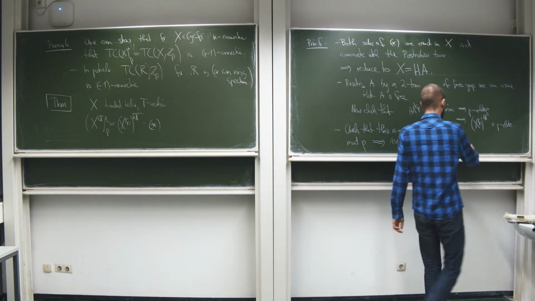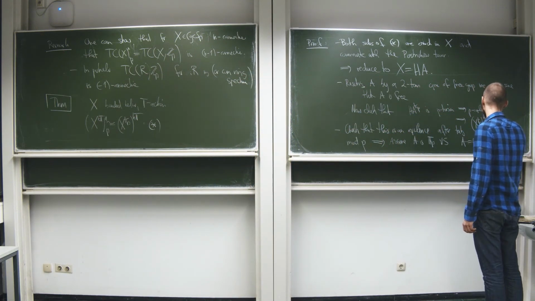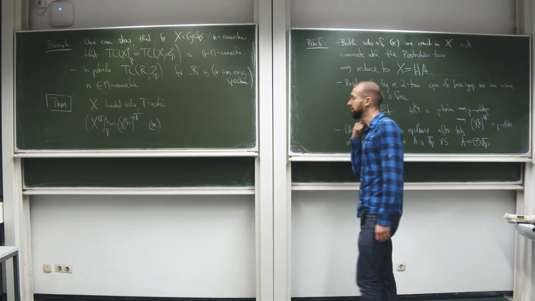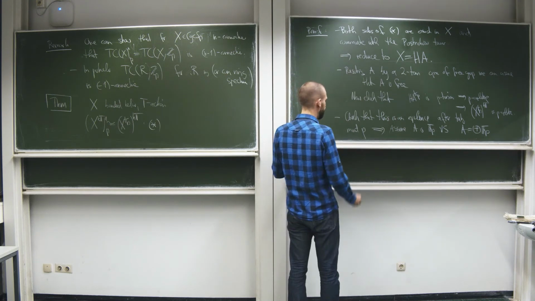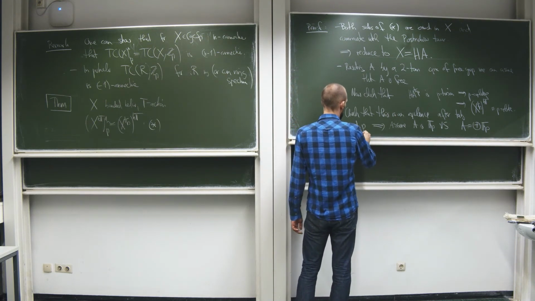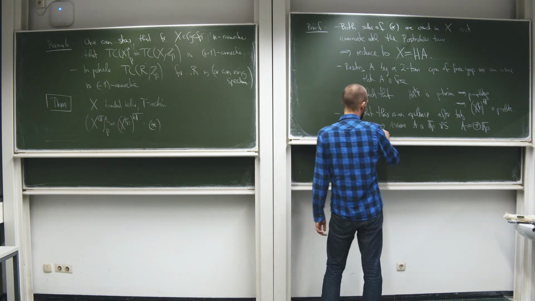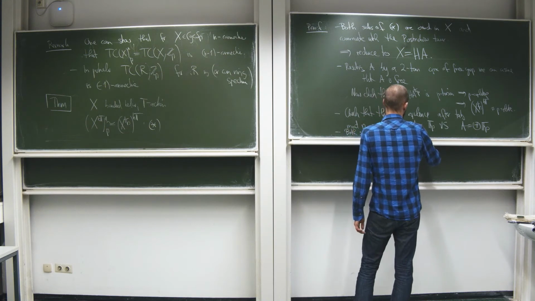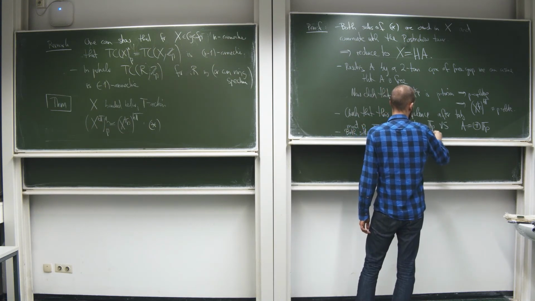Well, so A is a direct sum over Fps. And now the last reduction is both sides of star commute with the direct sum over Fp.